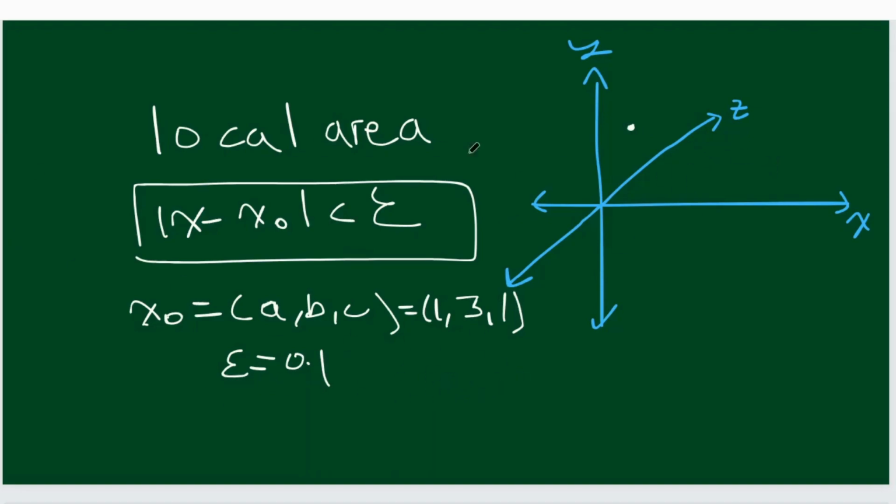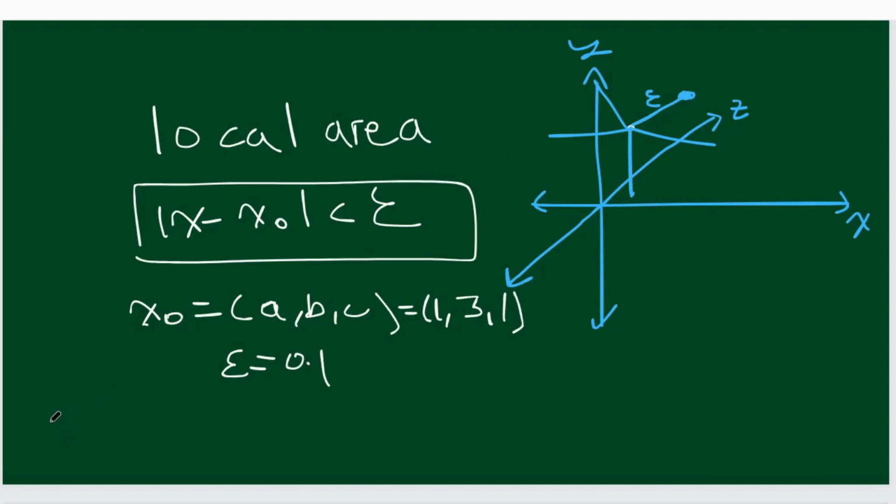Now, this is not to scale. I'm just going to draw this radius a little bit larger than it should look, just so I can draw something that looks like a sphere. So in this case, this distance is epsilon. Remember, this epsilon can go out in any direction. So we'll just take this point here and calculate the distance between (1, 3, 1) and this point right over here.